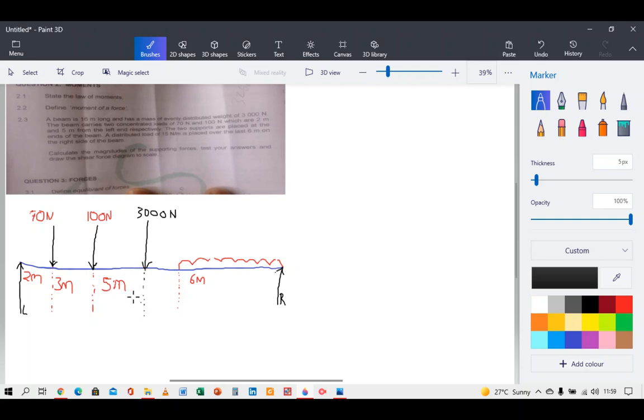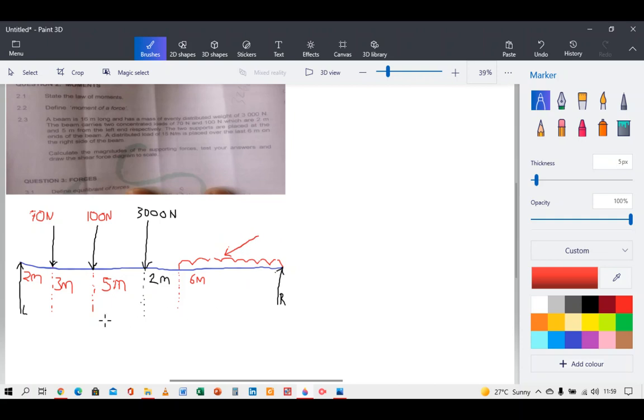So that means from this part it will be 8, and this part it will be also 8. That means our remaining part is only this one, which will be 2 meter. So if you check the beam, this distributed weight will be on the center, right? So I just forgot to mention this one.